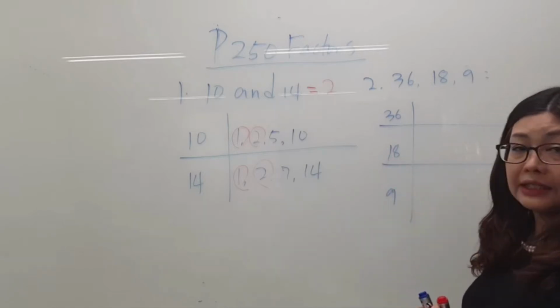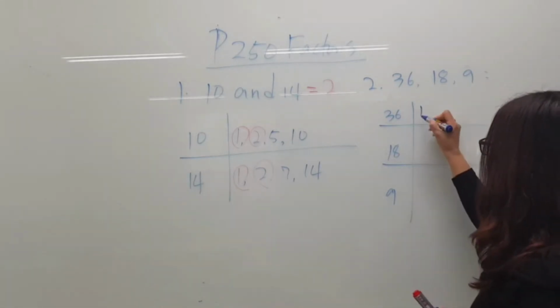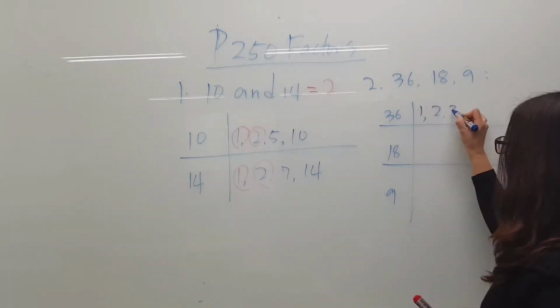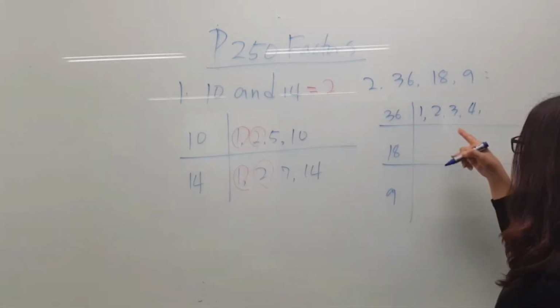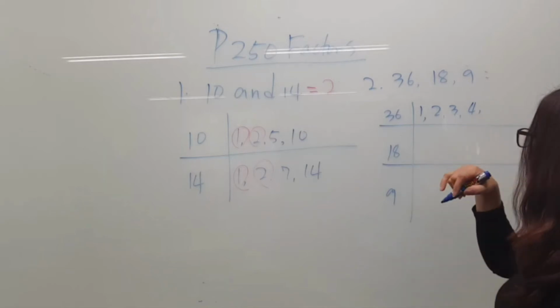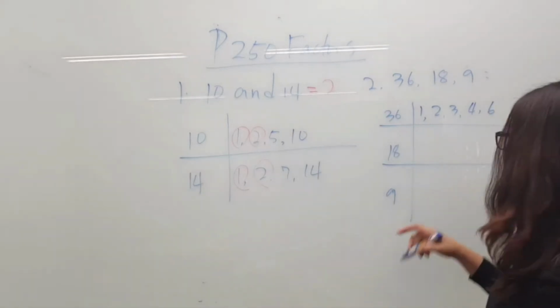To find the factors of 36, start with 1, yes, 2, yes, and then 3, yes. Then you have 4, yes. 4 times 9 is 36. Then we have 6, because 6 times 6 is 36.